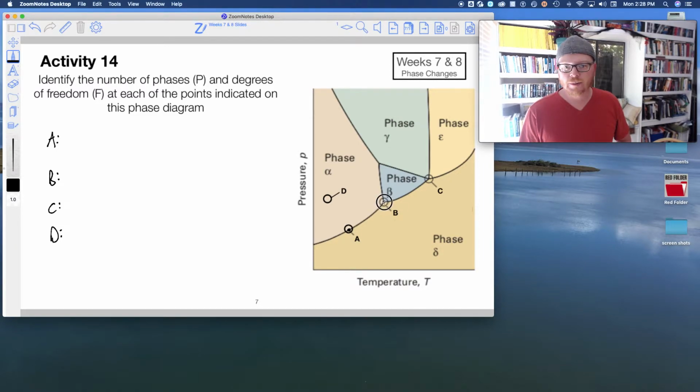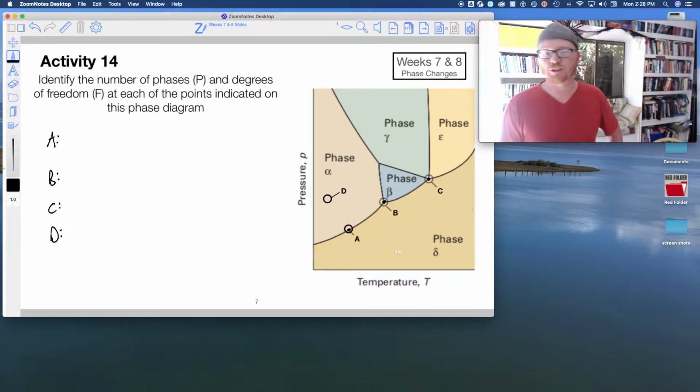Here's point B at the intersection of phase alpha, phase beta, and phase delta. Here is point C, the intersection of phase delta, beta, gamma, and phase eta. And point D is right there in the middle of phase alpha.